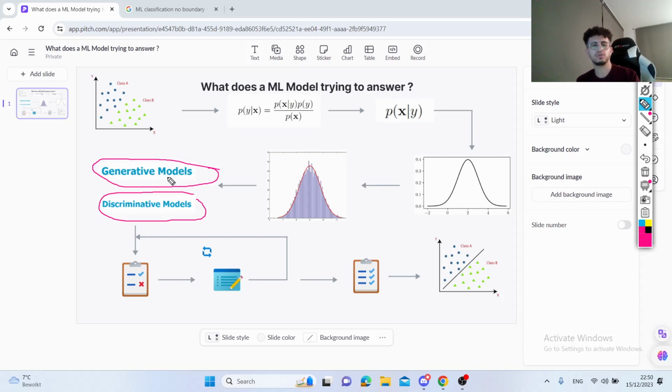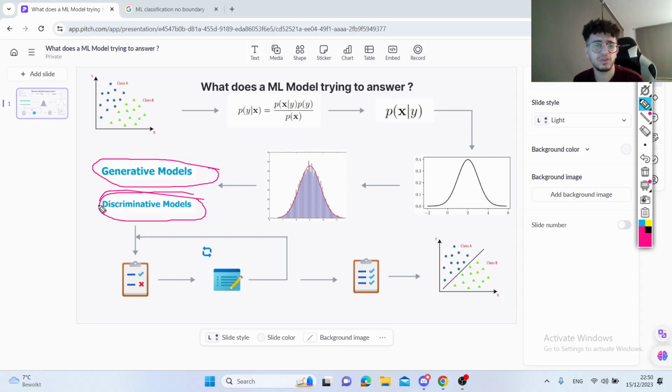But for generative models, for example, if you don't have a lot of data points, you may use a generative model, because once you use it, you can generate more data, and based on all of these data, you can estimate your distribution.